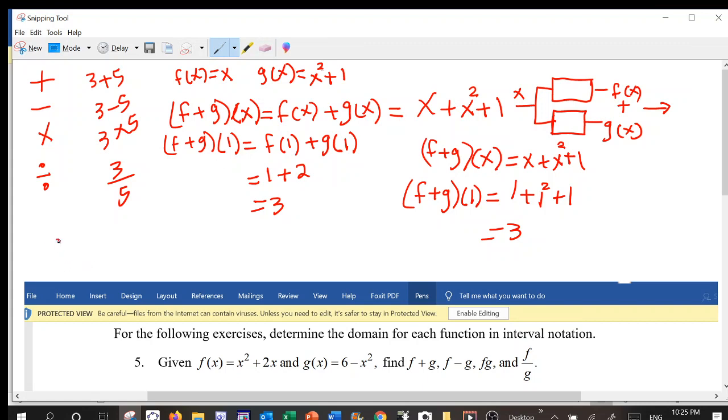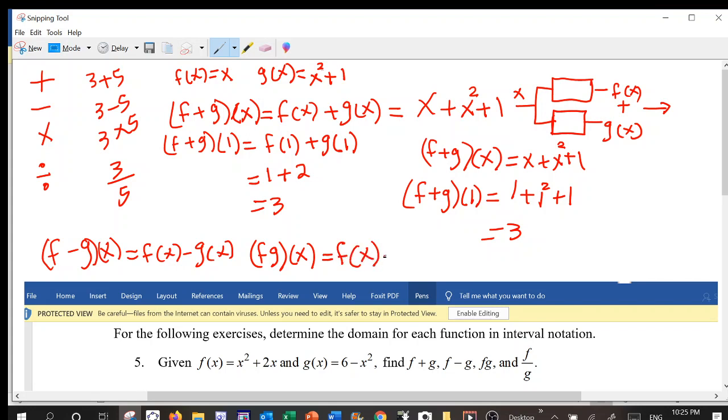So f minus g of x has this notation, and it means f of x minus g of x, and f times g of x has this notation. That means f of x times g of x. Multiply the two functions, right?